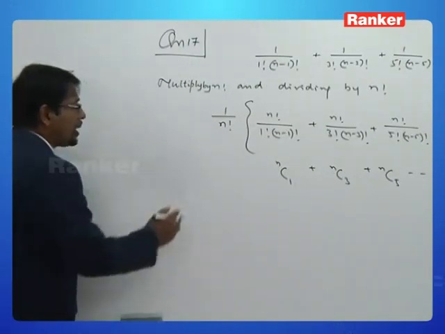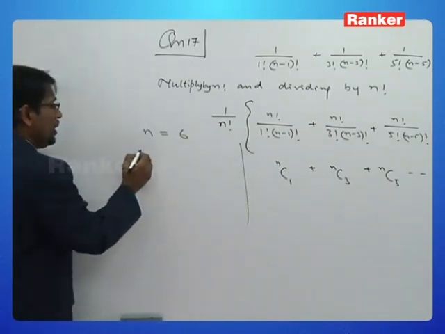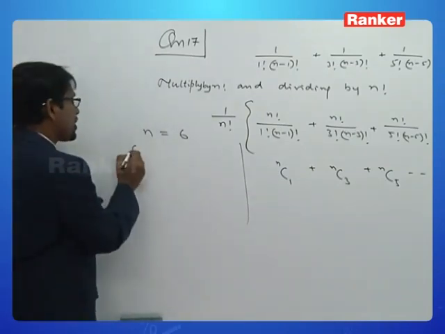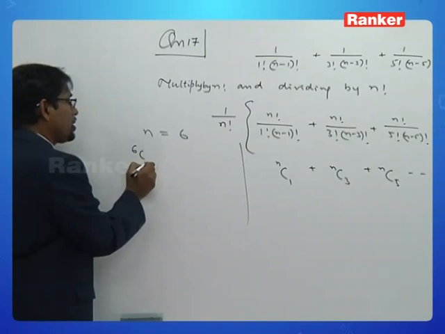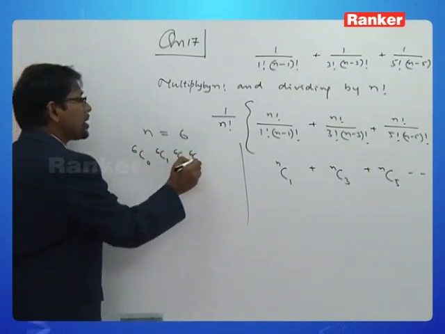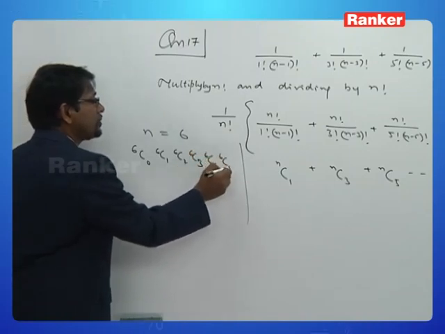Now let us take for an illustration n to be equal to say 6. What are the binomial coefficients that we come across? That is 6C0, 6C1, 6C2, 6C3, 6C4, 6C5 and 6C6.